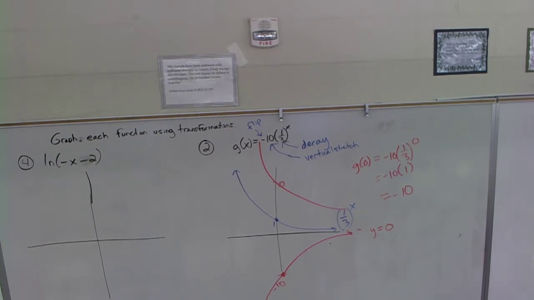What's happened to it though? It's been flipped, right? That way. Which makes sense, because where's the negative? Negative's on the x. And it's been also shifted left or right? What's the picture say? The picture says it went from like this to like this, but then it moved to the left.